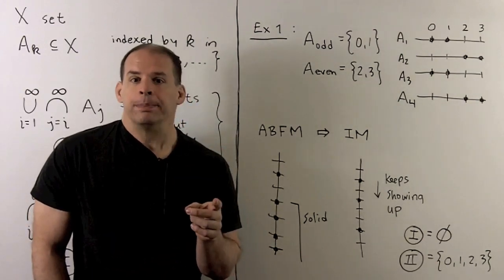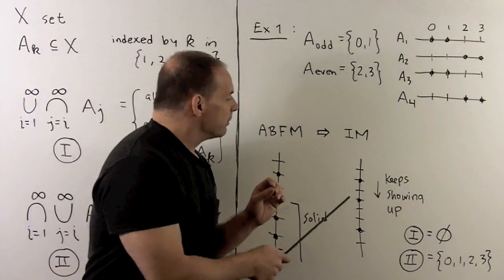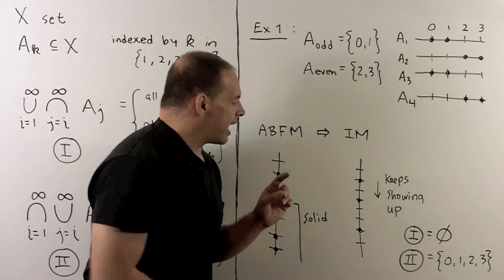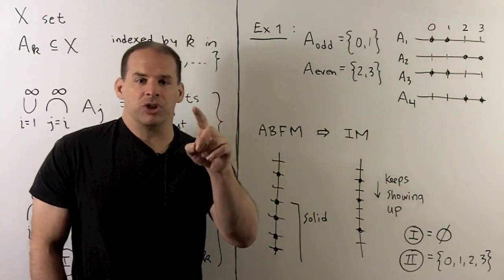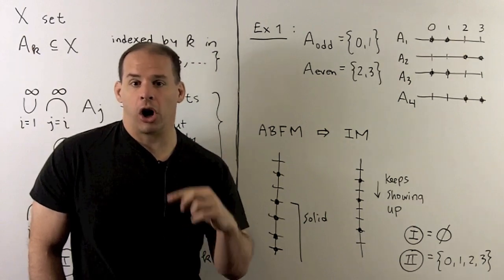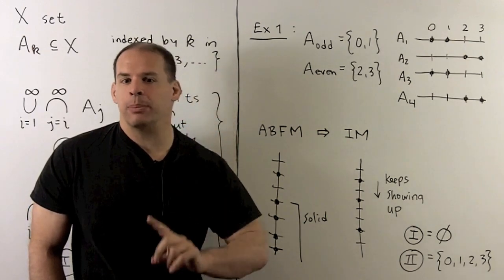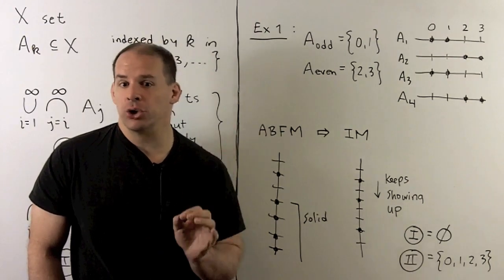For infinitely many, this condition's not as stringent. As we consider this line going all the way down, we look to see if a point shows up, and then as we go down, that point has to keep recurring. So we're not going to hit a final point where past that point, the point of interest never shows up again.